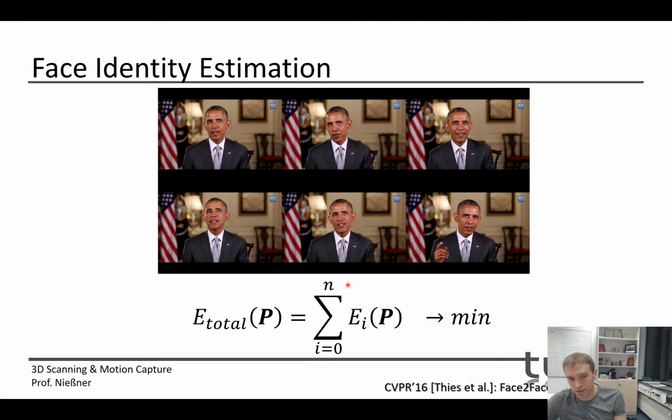What's shared between all of these images is that our albedo coefficients are the same, and our shape coefficients are the same. If we have multiple frames, we add more residuals because we have more reprojections, but we don't add more unknown parameters for the shape and the albedo because it's the same person in all of these videos. And then we jointly optimize in this kind of bundle adjustment fashion. We take all frames at the same time as input.